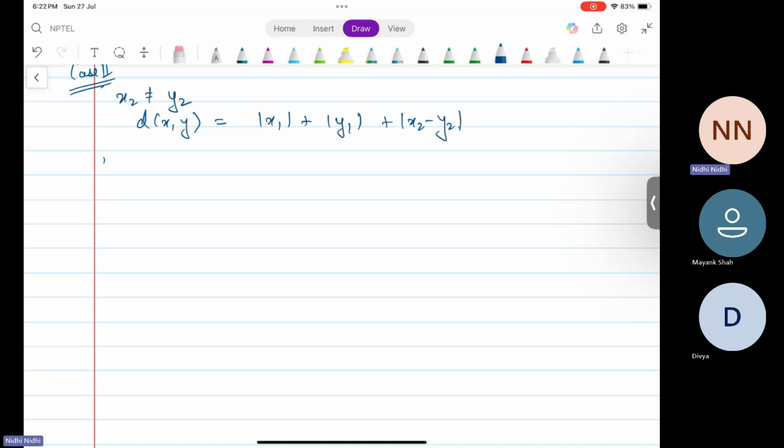The first subcase would be when neither of them are equal. That means x2 not equal to y2, not equal to z2, and this is again not equal to x2. So neither of them are equal.